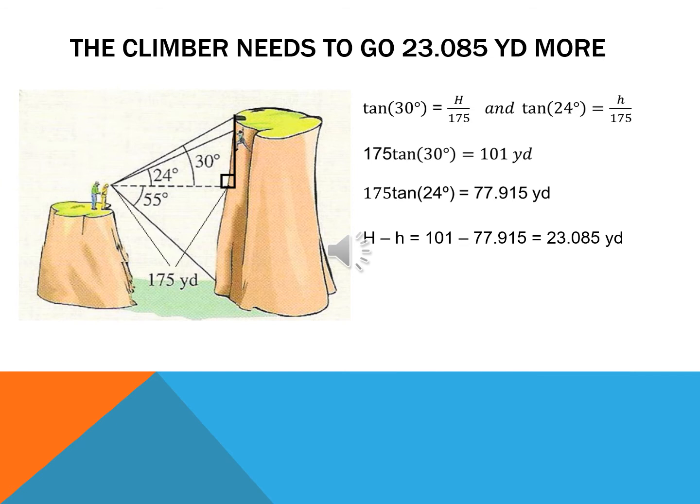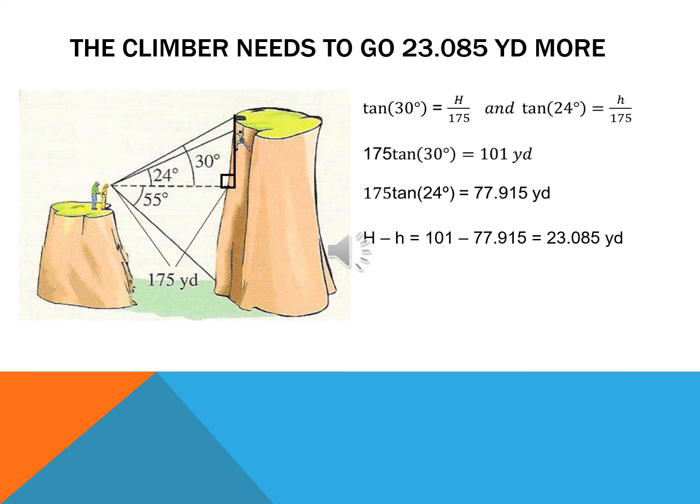The climber is 175 yards from a line of sight. So that is the adjacent side to our two angles of inclination. And the height to the top of the cliff is from an angle of inclination of 30 degrees, and where the climber currently is at an angle of inclination of 24 degrees. So tangent of 30 degrees is going to be the full length from the sight line to the top of the cliff divided by the adjacent side of 175.